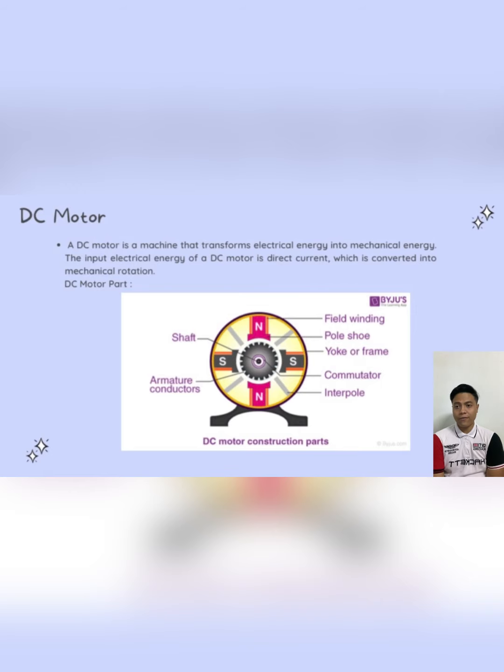We have the shaft and armature conductor, the commutator, the interpole, the field winding, and behind the end we have a pole shoe, and the whole circle is the yoke or frame.